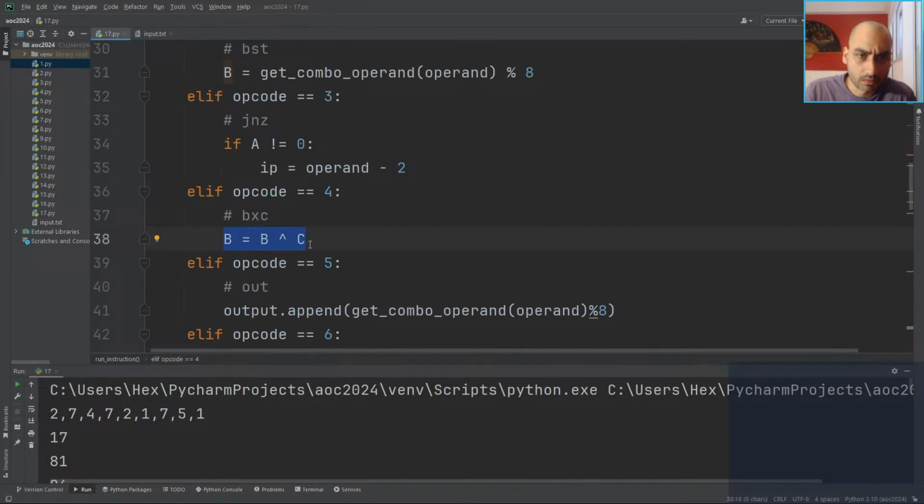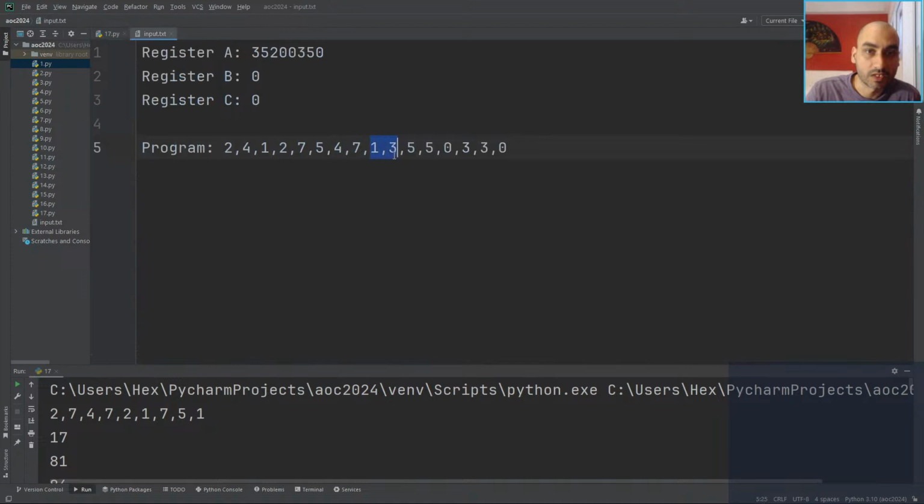B equals B XOR C. This is not going to get me anywhere, is it? 4, 7, then we go to the next one.